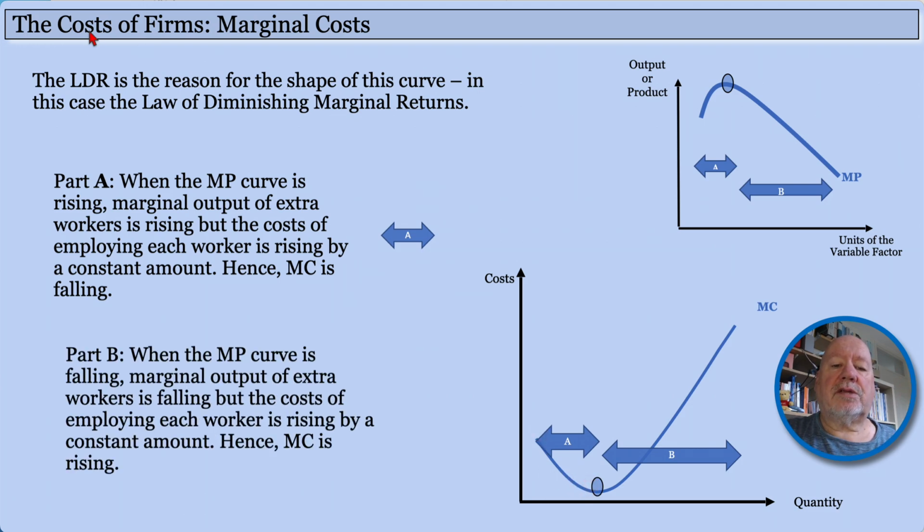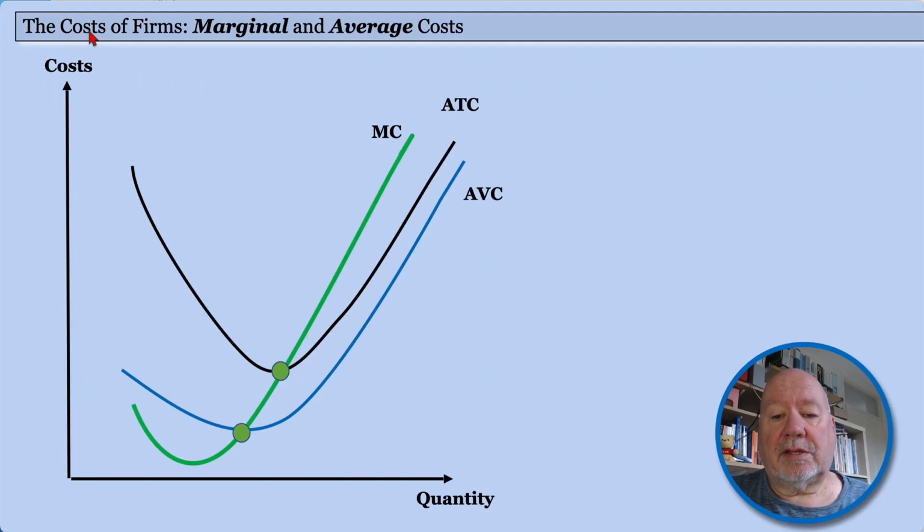Then you get a range where the marginal product curve here is falling, which means that the marginal cost is going up. And again, this is about marginal productivity. It's not so important later on when we do efficiencies, but that's when your marginal workers are at their most efficient, as it were.